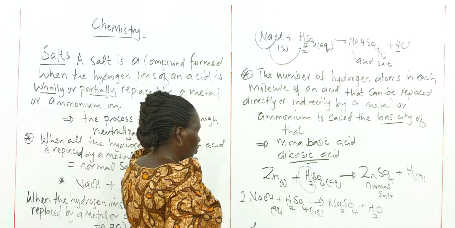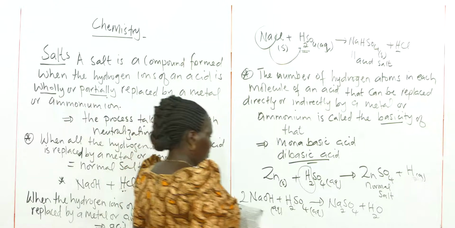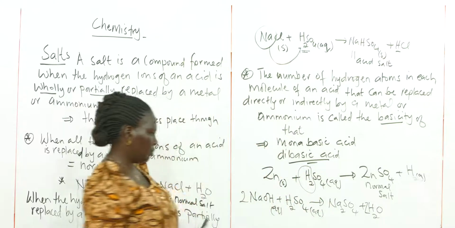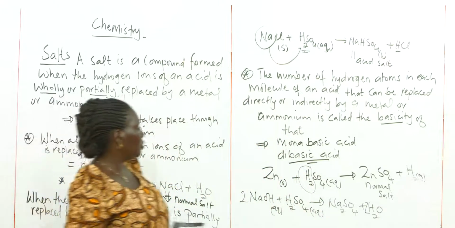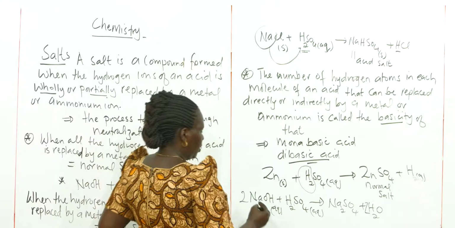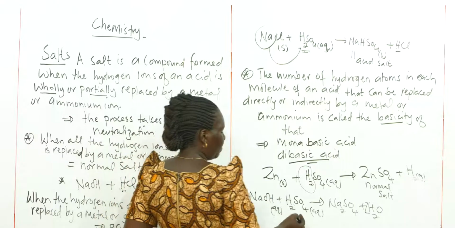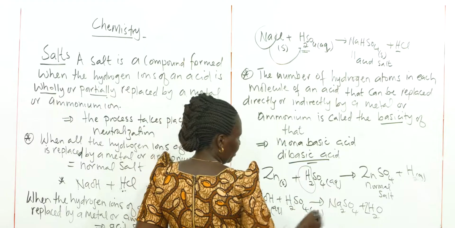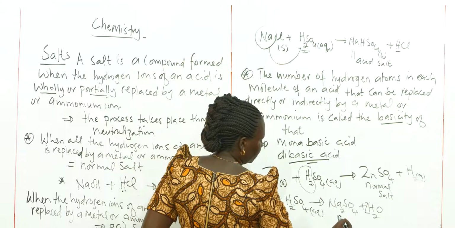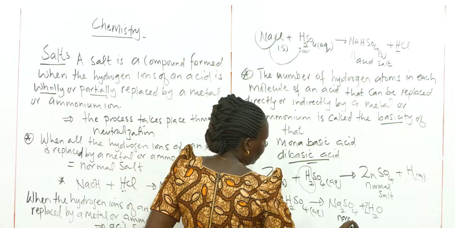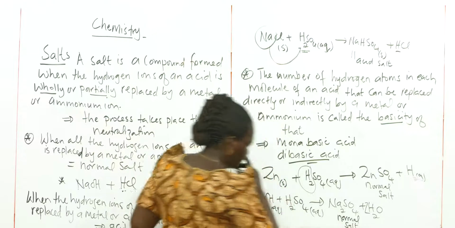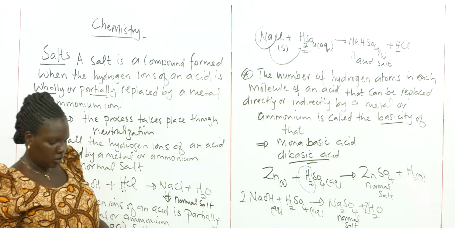We have sodium sulfate plus water. So here, sodium metal has replaced all the hydrogen atoms from sulfuric acid. Then we have our salt. This is normal salt.